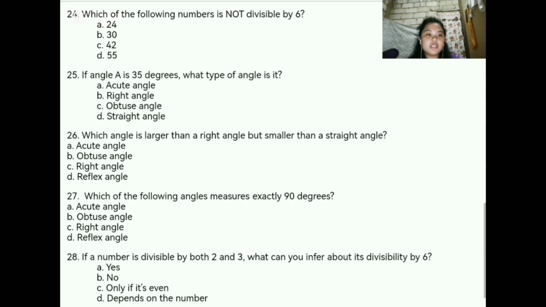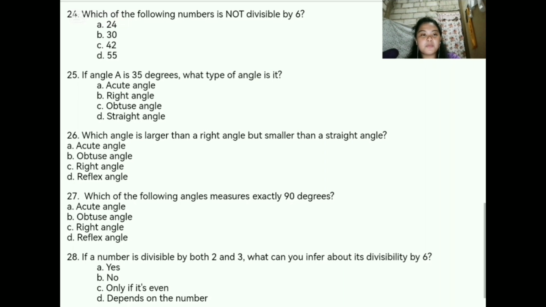So how about letter D, straight angle? It is also incorrect because a straight angle is an angle that measures exactly 180 degrees. So again, the correct answer of number 25 is letter A, acute angle.